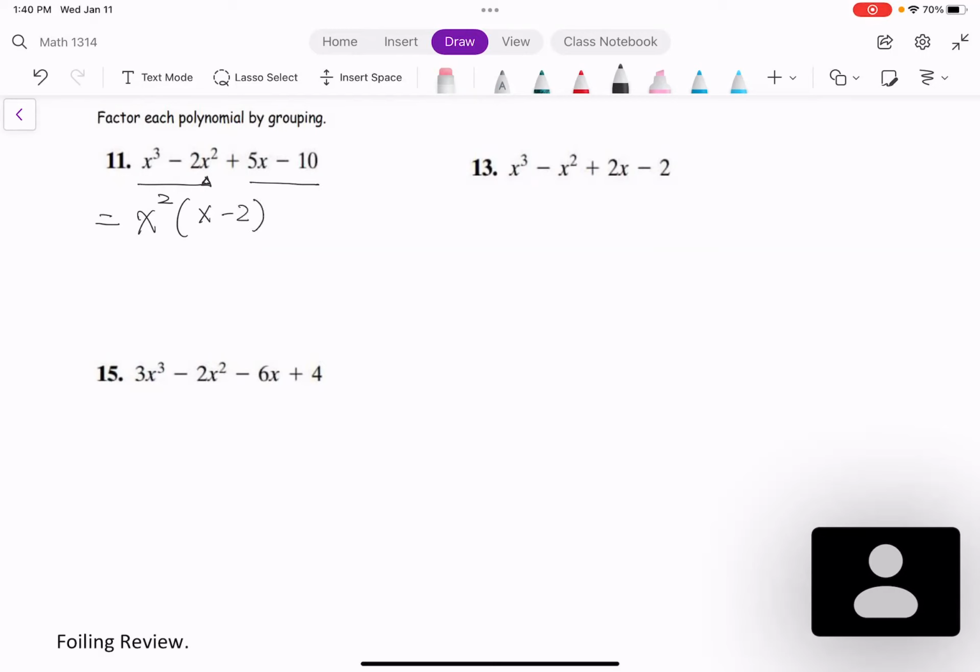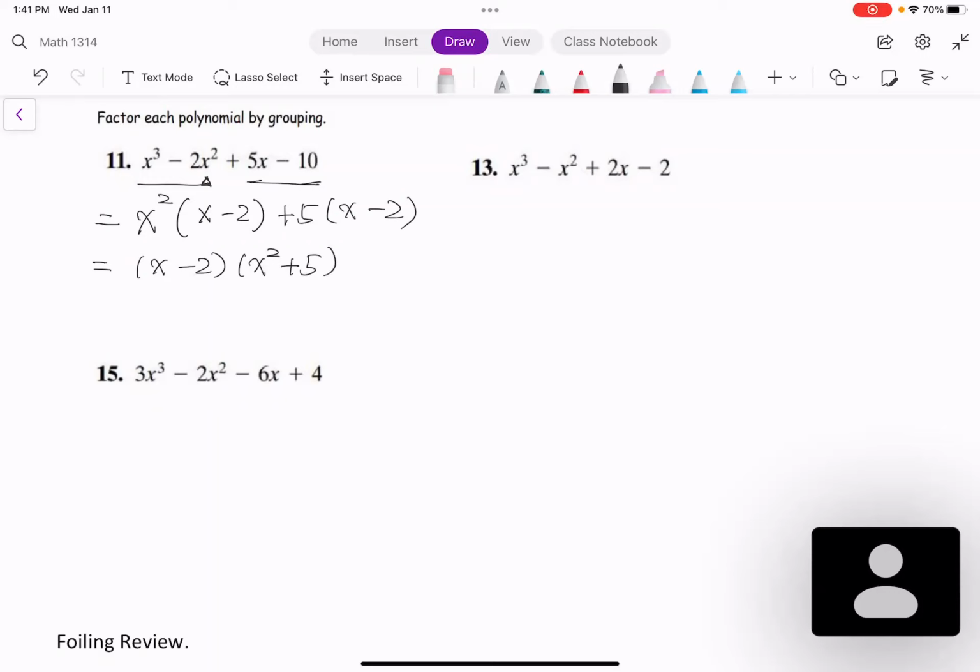Then factor out the GCF from 5x and negative 10: positive 5 times x minus 2. Both have x minus 2, so we factor out x minus 2 and have x squared plus 5 left.